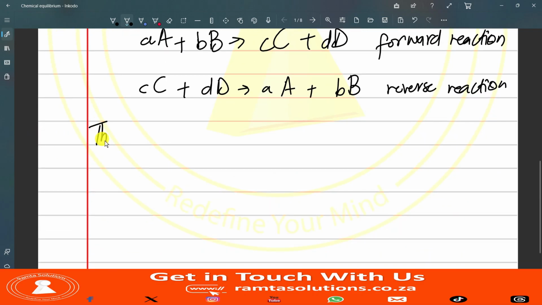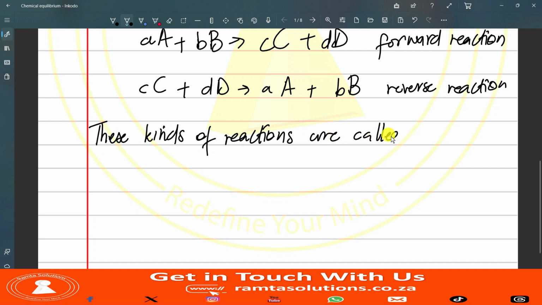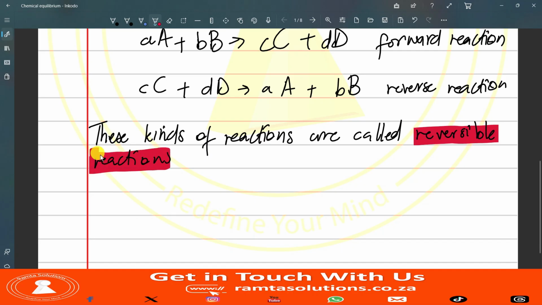These kinds of reactions are called reversible reactions. We're going to give you a definition later.